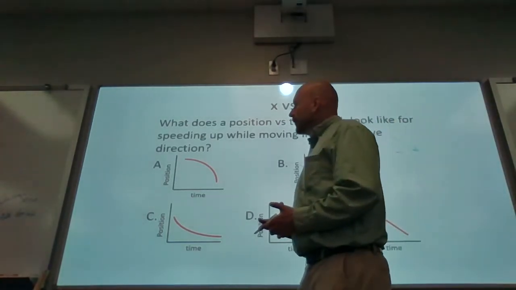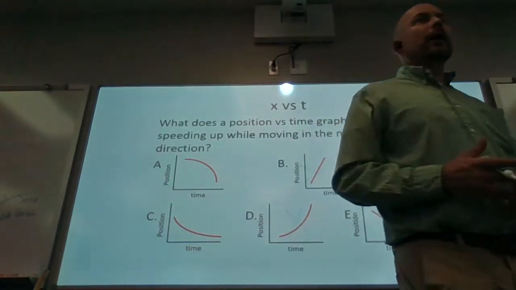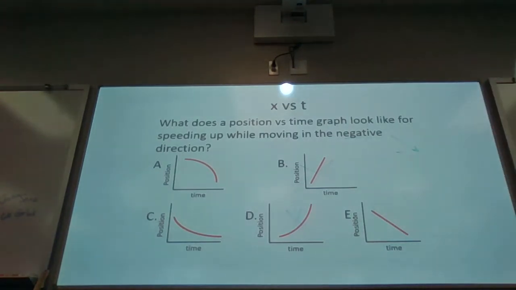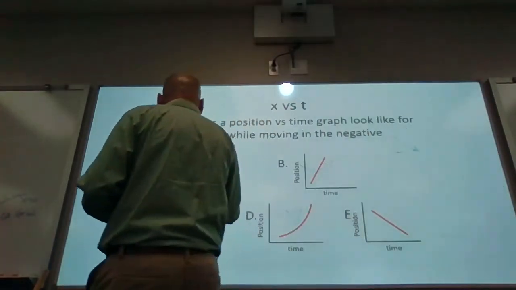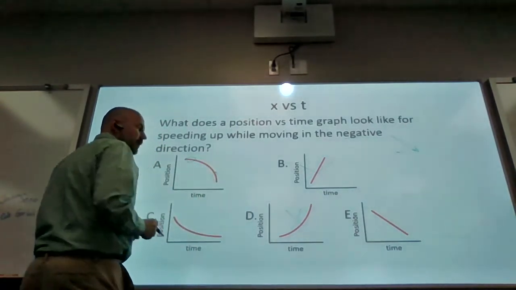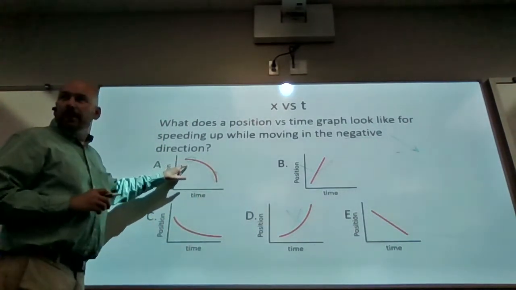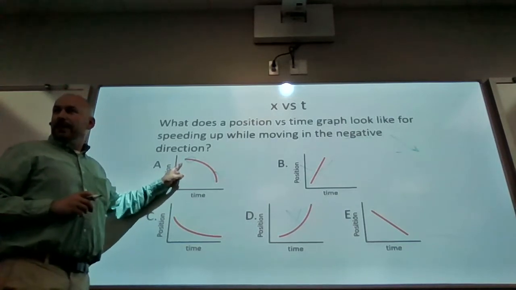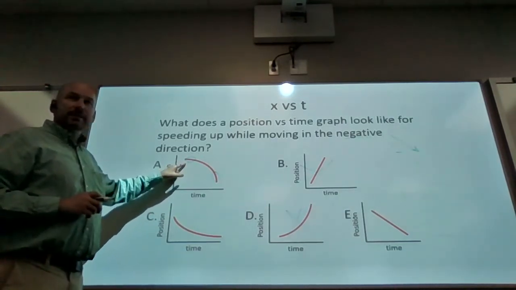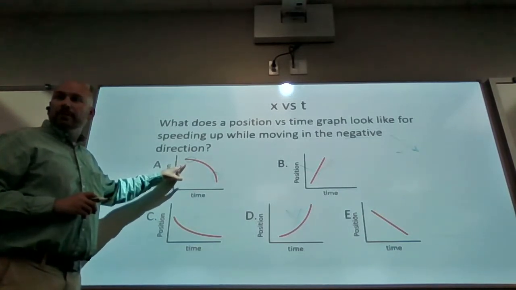Now, if you ever have curves on a position versus time graph, I would highly recommend breaking the graph up into chunks. What do I mean by that? That chunk, this chunk. This chunk here, does it have a positive or negative slope? Negative. Is it a steep or shallow slope?